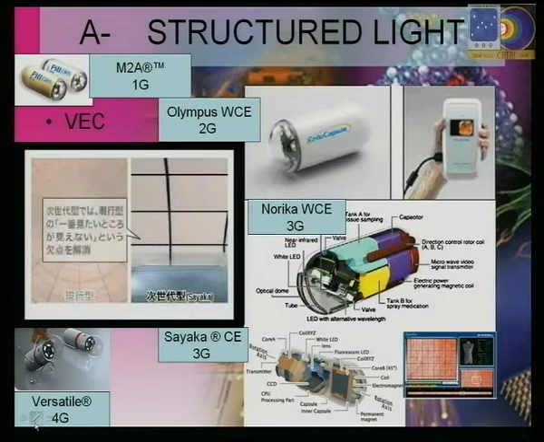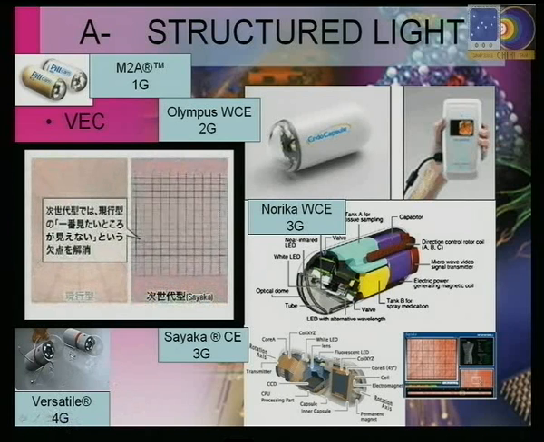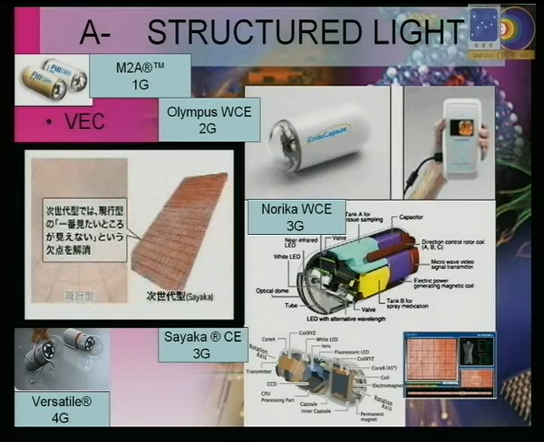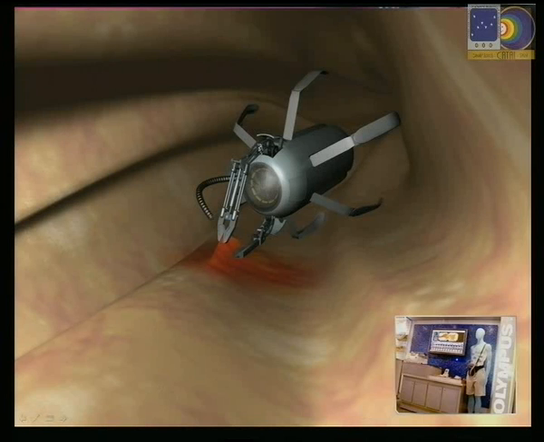That is the reason why the 4G, the fourth generation type of capsule, is built with legs in order to propel themselves inside. And not only is it built with legs, but also with some kind of devices that can go from the inside to outside to take a biopsy.